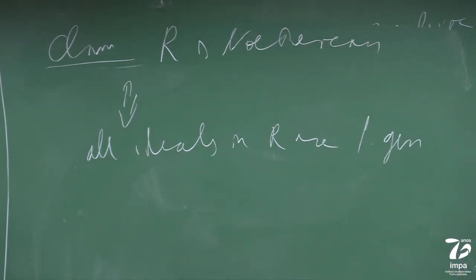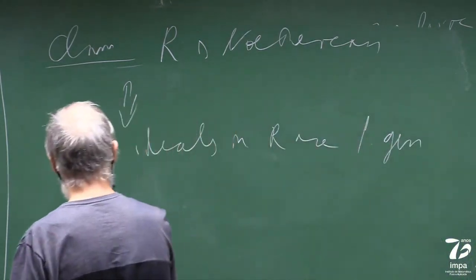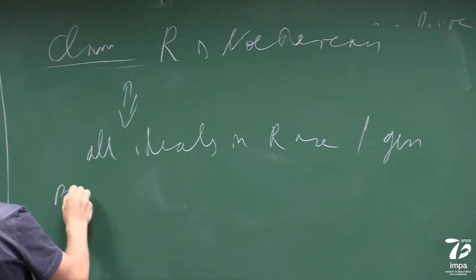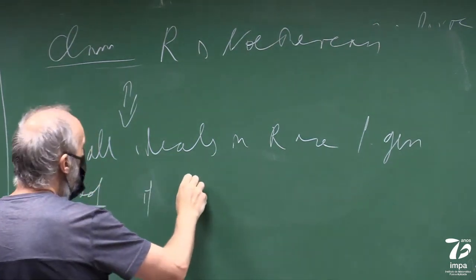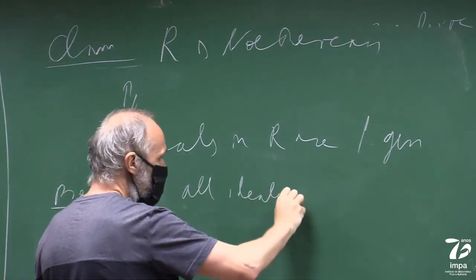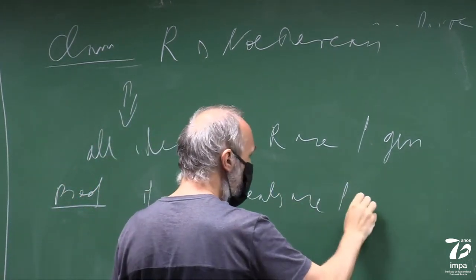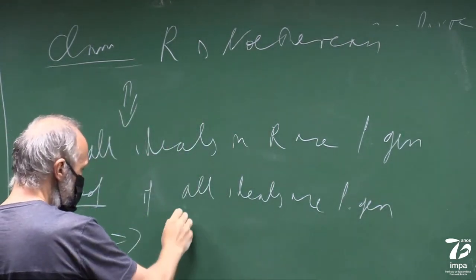Okay, one direction of this result is clear from the previous lemma. So if all ideals are finitely generated, then chains stabilize.